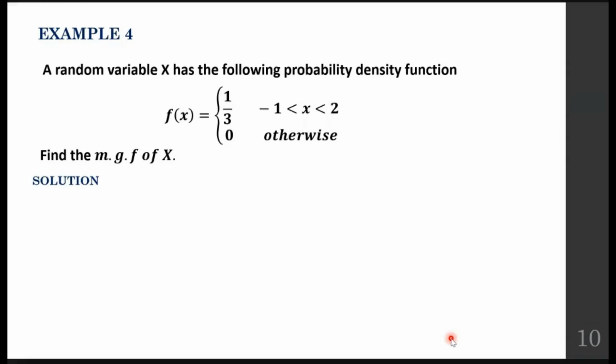Again, we have to calculate the MGF. So again, calculating M0 of t. M0 of t is expected value of e raised to tx.